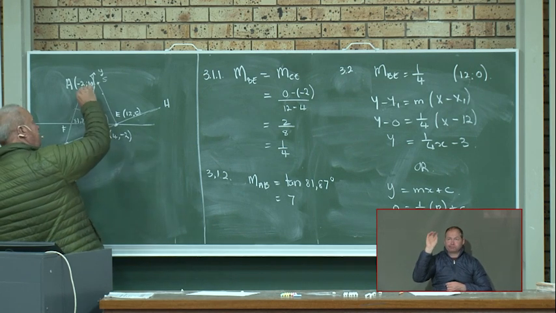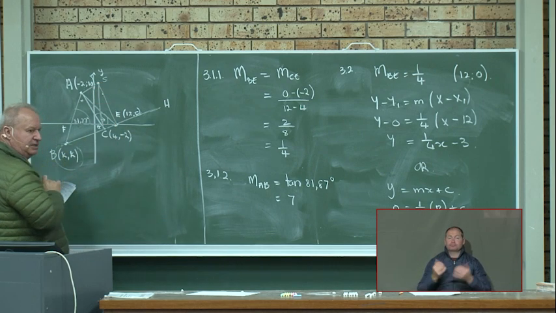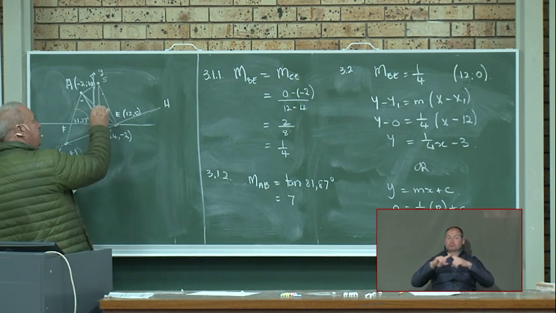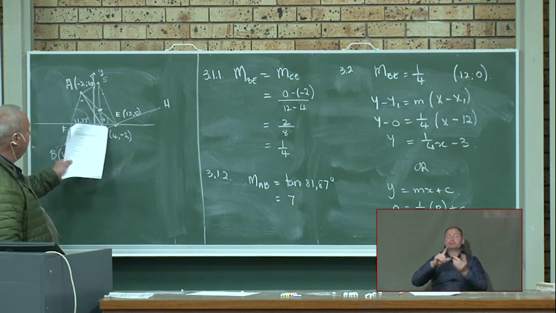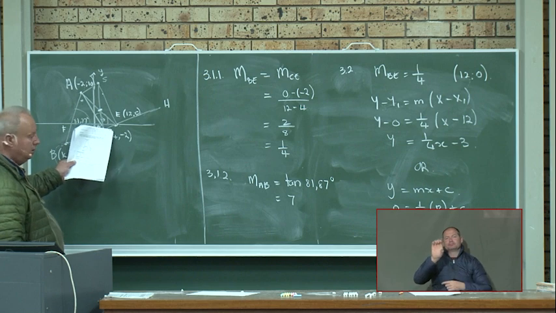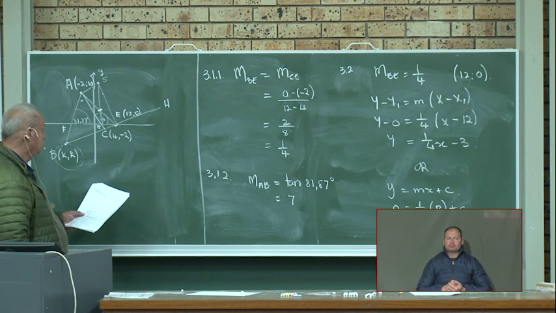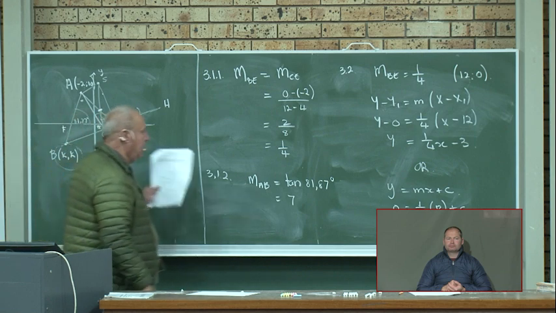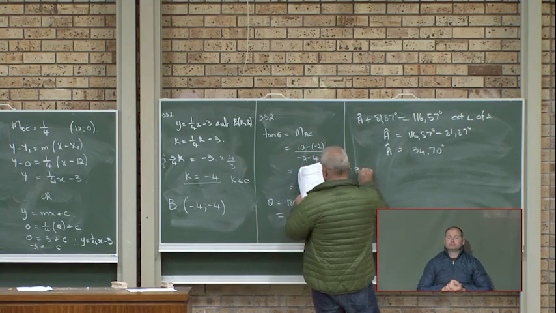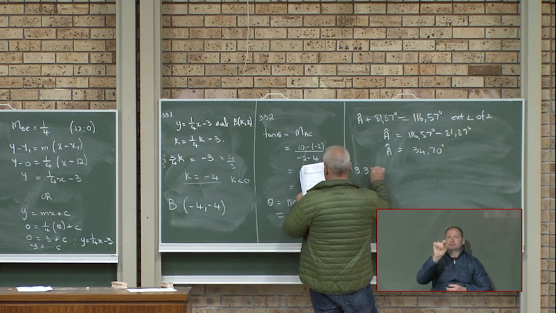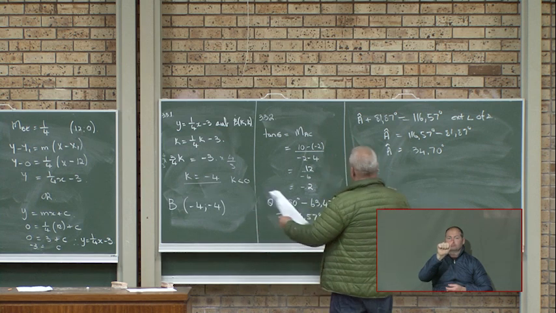So in this case, people, the diagonals of a parallelogram bisect each other, correct? So the point of intersection is the midpoint of AE, correct? Are you with me? So here we can say, in 3.3.3, A's coordinates are (negative 2, 10).